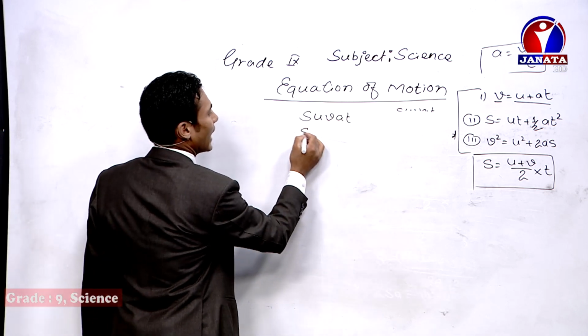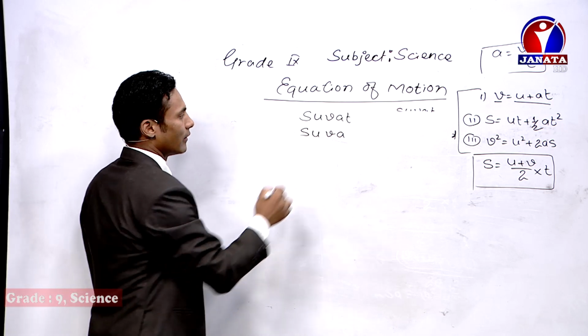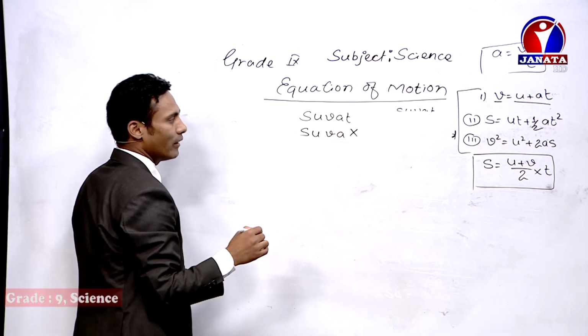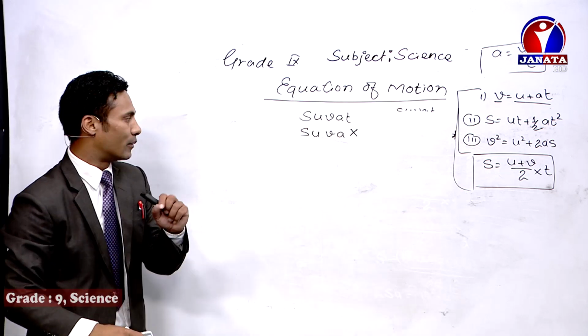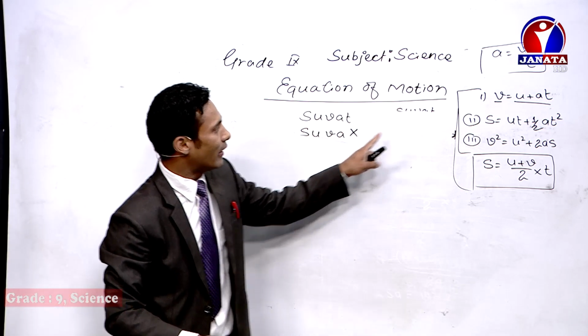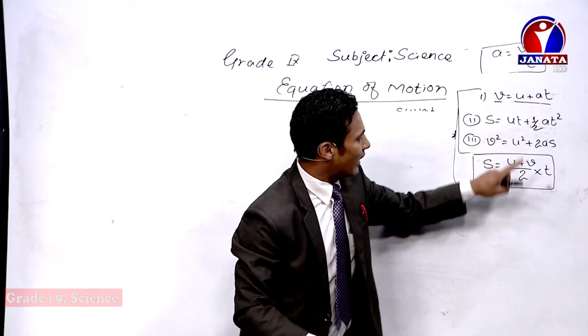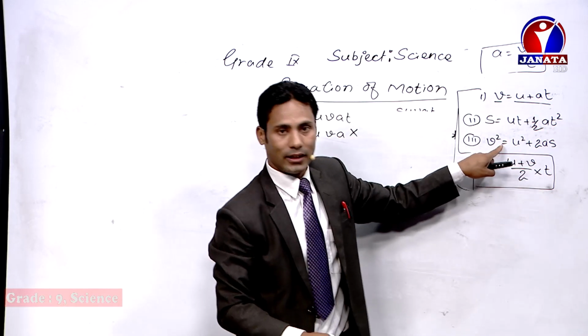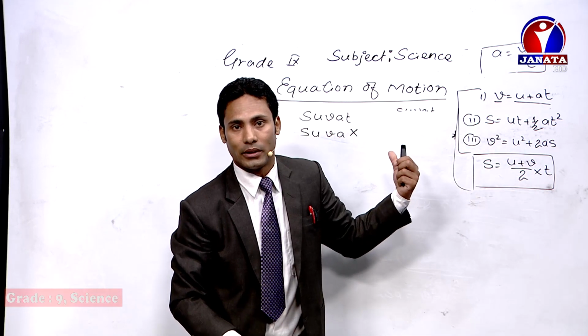Let's say S is there, U is there, V is there, and A is there. Time is not there. Then we choose the formula which does not contain time. Here, time is present, time is present, time is present, but in this equation, time is not there. That's why this is suitable for that numerical problem, right?